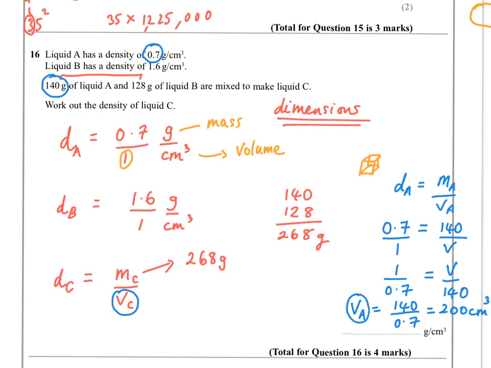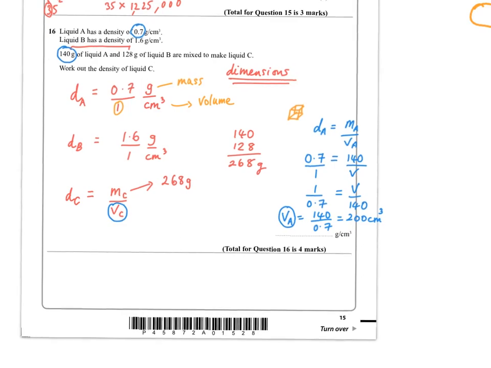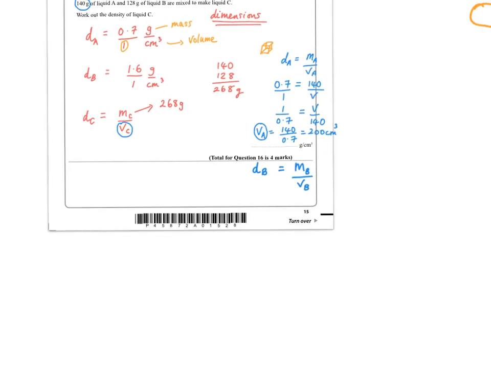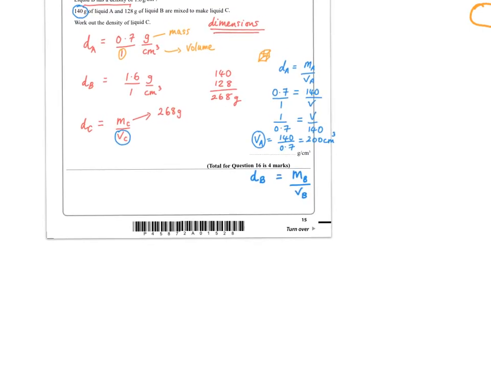So we can do the volume of B now, exactly the same way as we did A. We can say the density of B is the mass of B over the volume of B, and before you put the values in, you can rearrange the formula if you want.